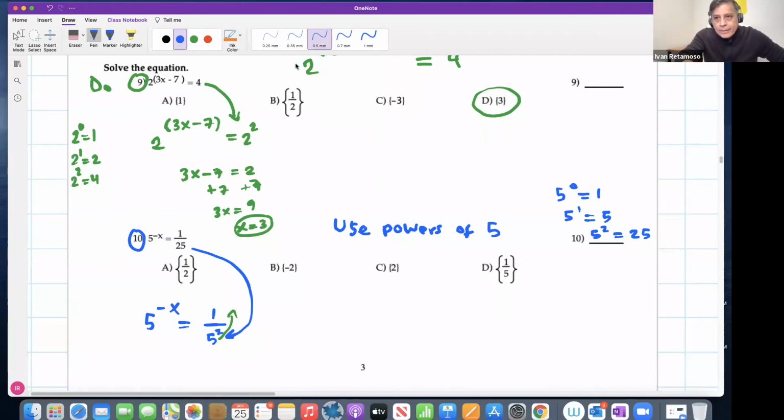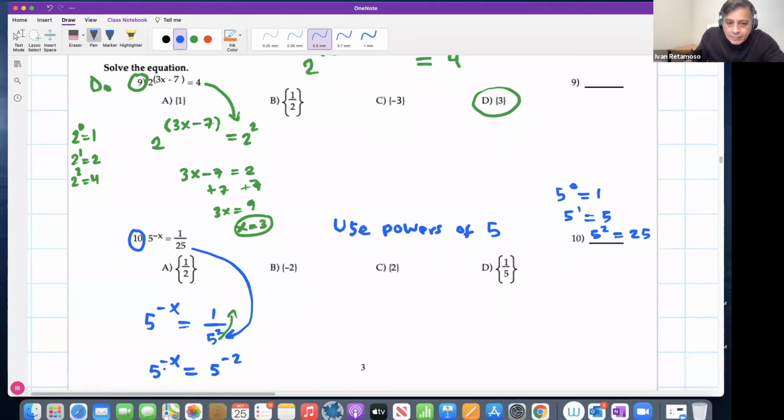It's not that difficult because if you write here 5 raised to minus x, and here 1 over 5 squared, I have written 25 as 5 squared following these powers of 5, right? This is 5 raised to minus 2, when you put this up here. Now, equal bases correspond to equal exponents.